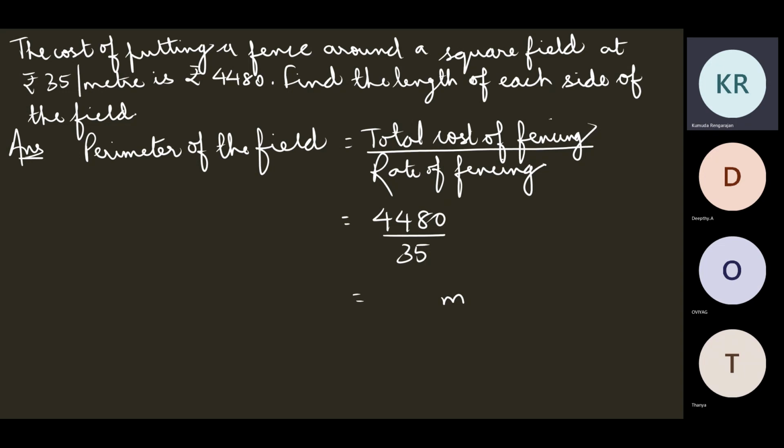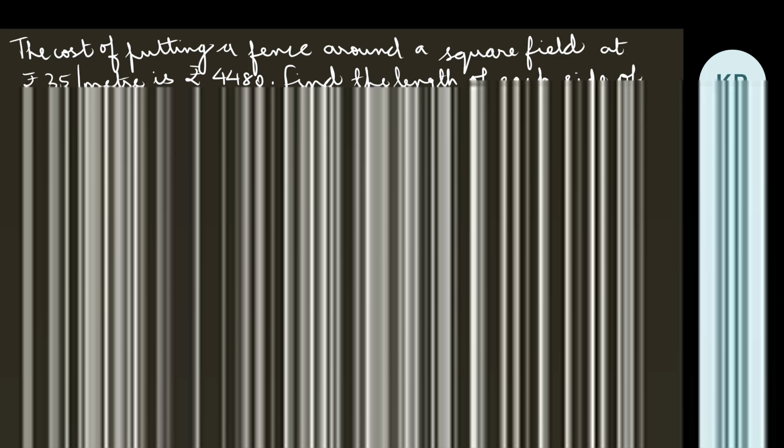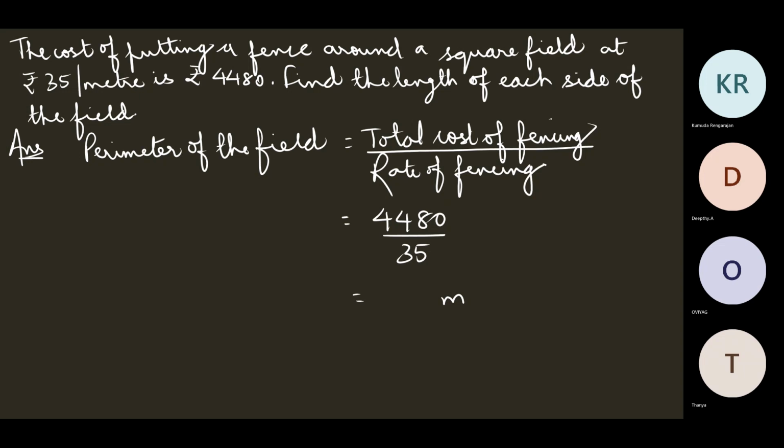Yeah, I want the quotient. What is 4,480 divided by 35? Yes, children.